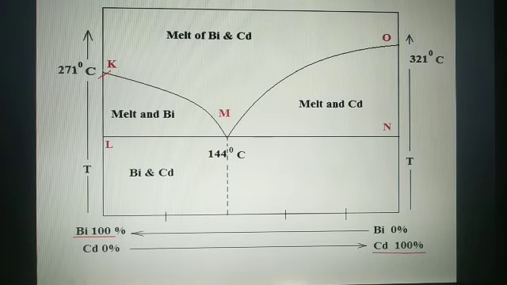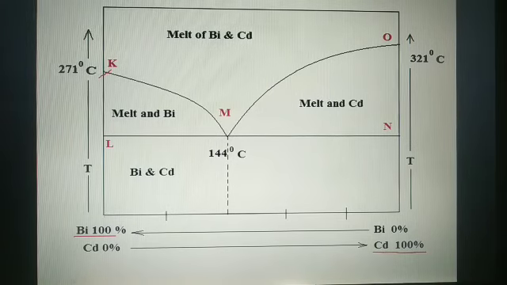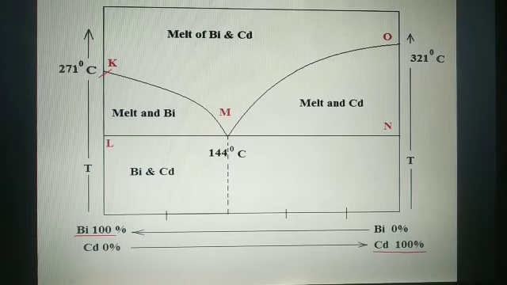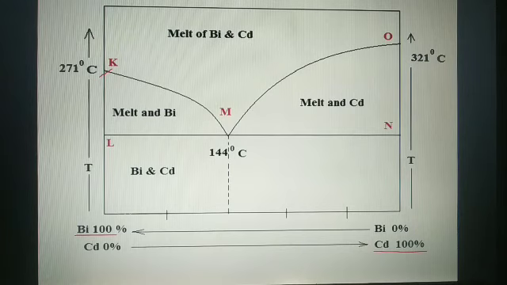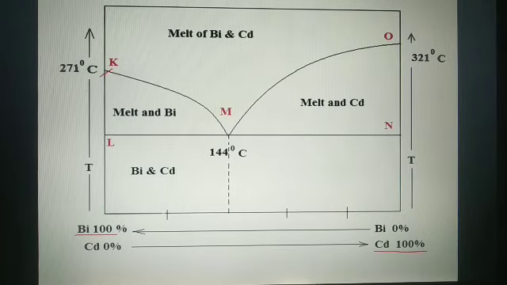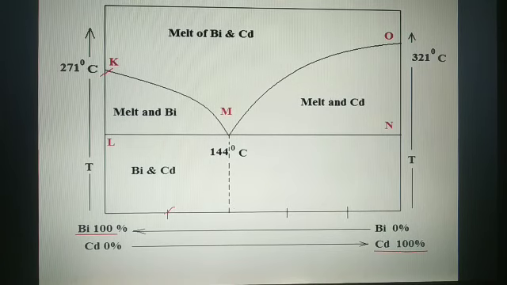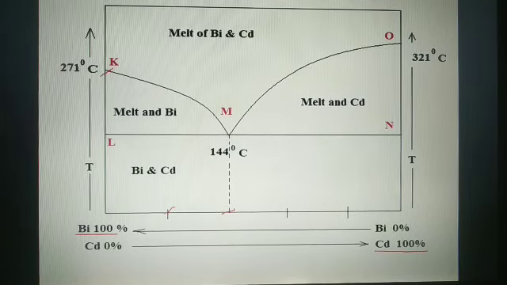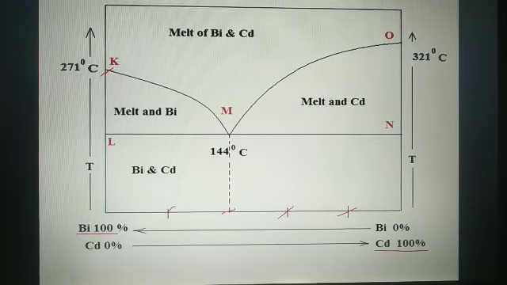How do you start here? As I start from point K, I say that is the melting point of pure bismuth. As I move away from here, the composition of bismuth changes, because there is successive addition of cadmium. At this point bismuth is 100%, here bismuth 80%, cadmium 20%, bismuth 60%, cadmium 40%, here bismuth 40%, cadmium 60%, here bismuth 20%, cadmium 80%, and here cadmium is 100%.